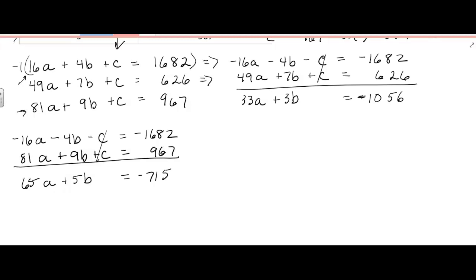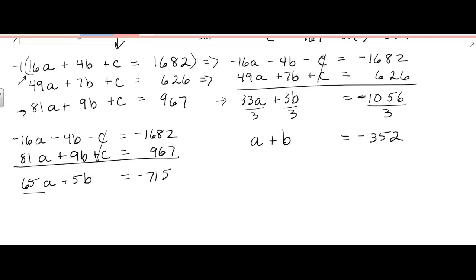Now, I like to make things easier. You don't have to do this. You can live with the 65 and the 5 and the 33 and the 3. But back here in my AB equation, all of those are divisible by 3. So that's just going to make my life a little bit easier with smaller numbers. 11A plus B equals negative 352. Now I am doing this math by hand, not using a calculator right now, so hopefully my numbers are coming out right.